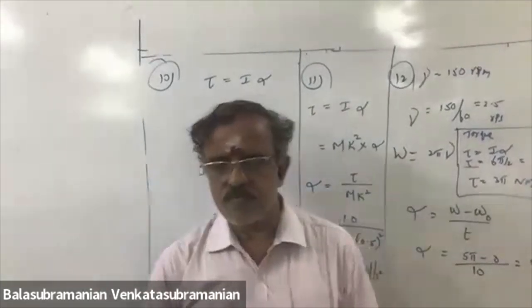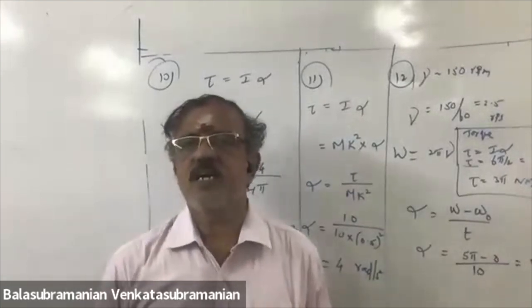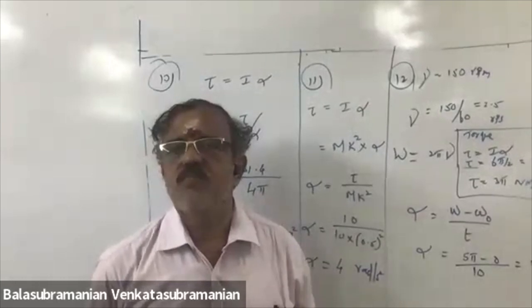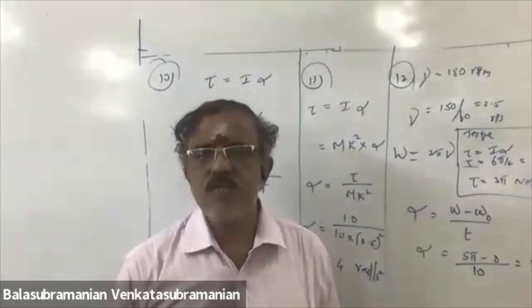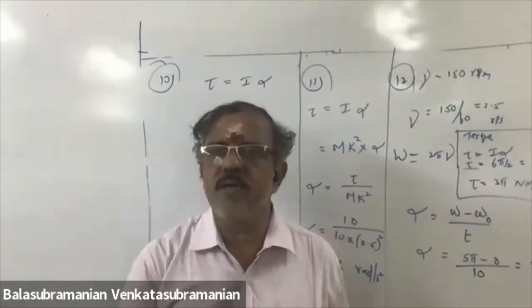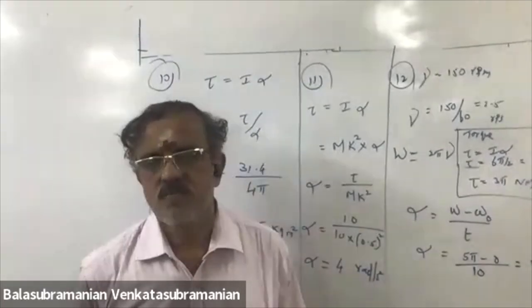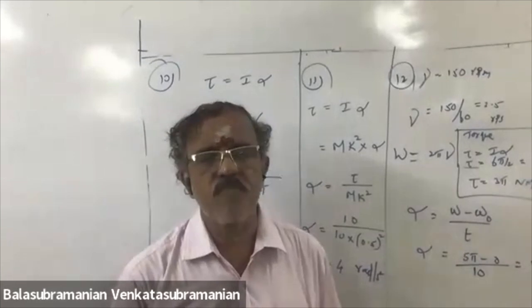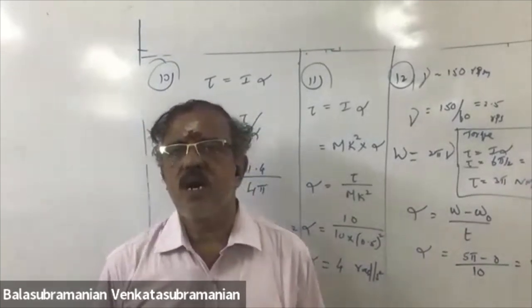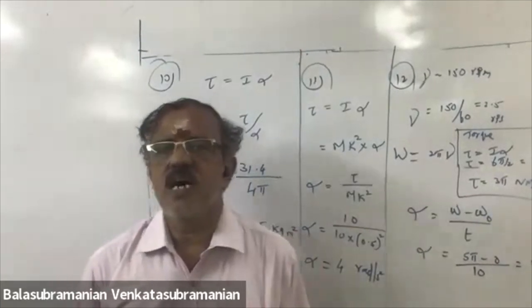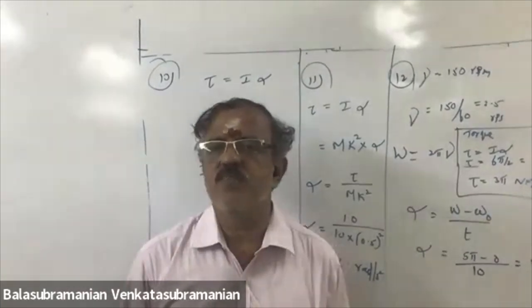First you have to calculate the frequency, then omega, then alpha. Three things. Frequency is given per minute, and you have to calculate per second, so we are changing it. So these are the problems related to torque, angular acceleration, moment of inertia, angular momentum, and the center of mass.